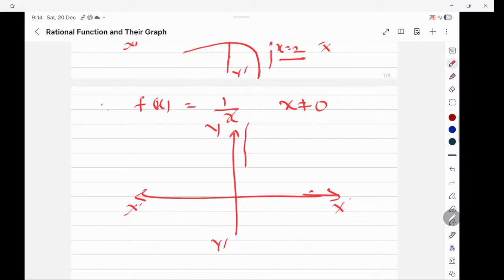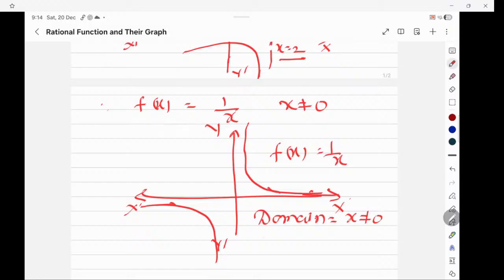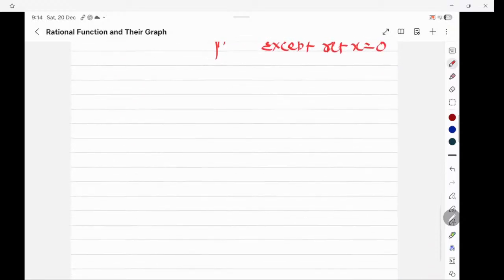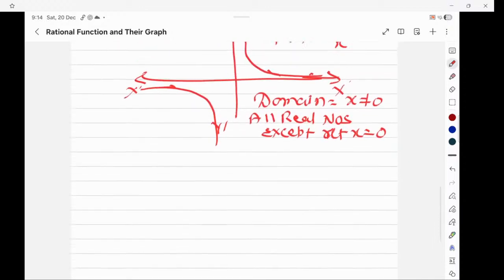The graph looks like this, a hyperbola. The domain of this function is all real numbers except x equals 0. This is another example of a rational function.